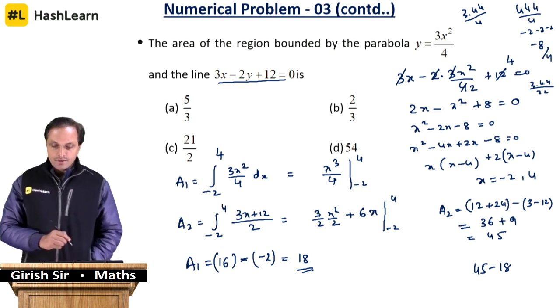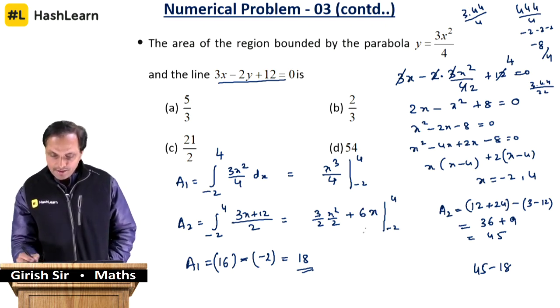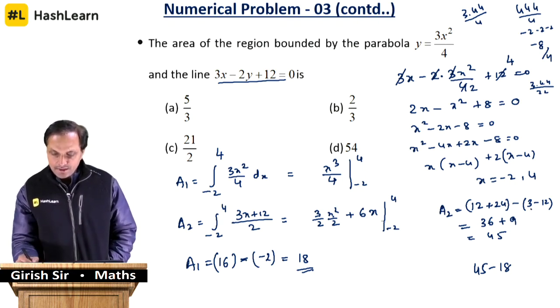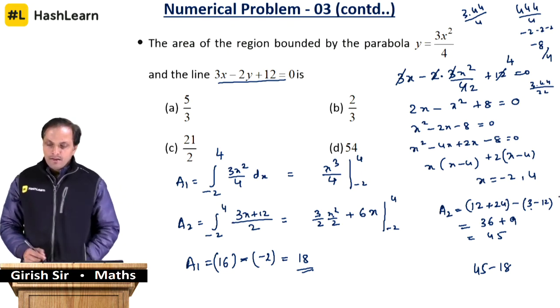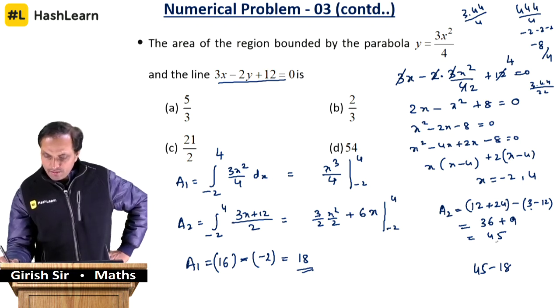Minus, this is the upper limit; minus, when you take the lower limit the x square term cancels, and you will have only 3, that is also correct. And when you put minus, 6 into 2 is 12, that is minus 12, that is also correct. So finally you will get 12 minus 3 is minus 9, that will give you plus 9.